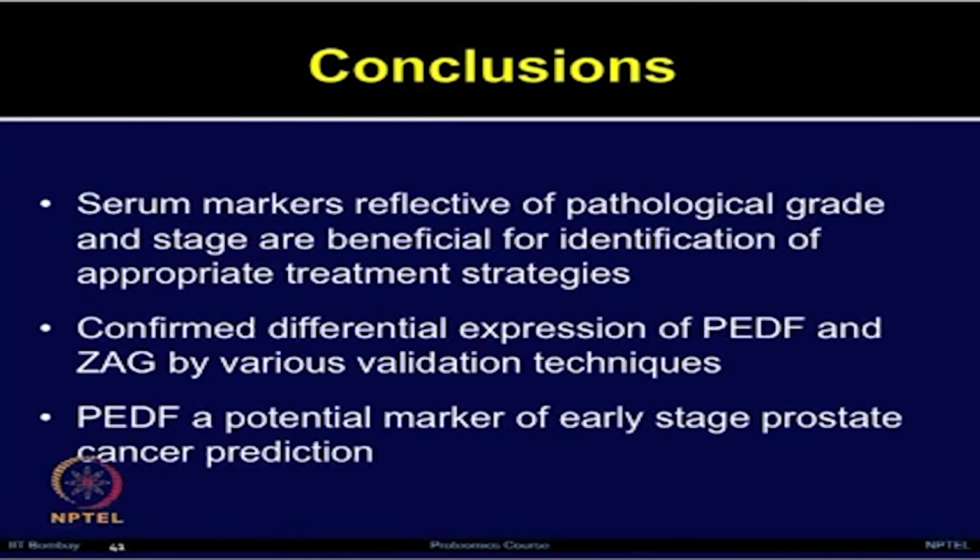Based on their studies and the follow-up experiment, they concluded that PEDF could be a potential marker of early stage prostate cancer prediction. However, more studies and follow-up are required on a large number of patients before it can be established as a good biomarker.